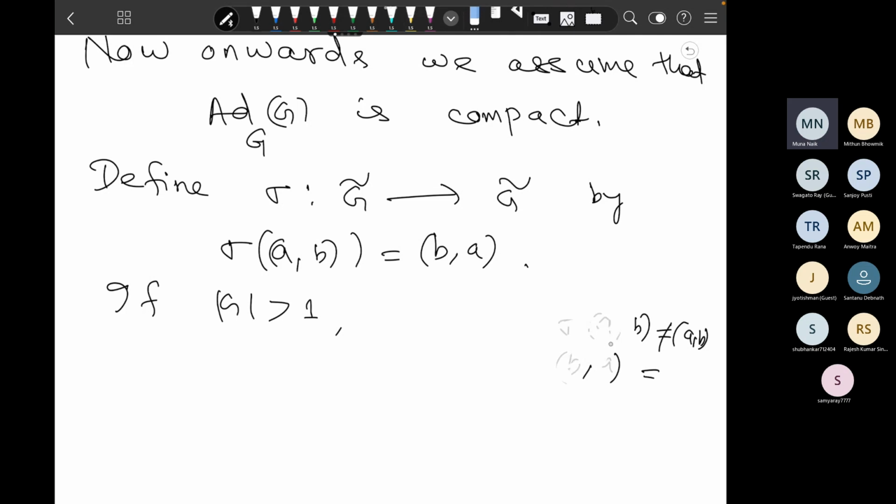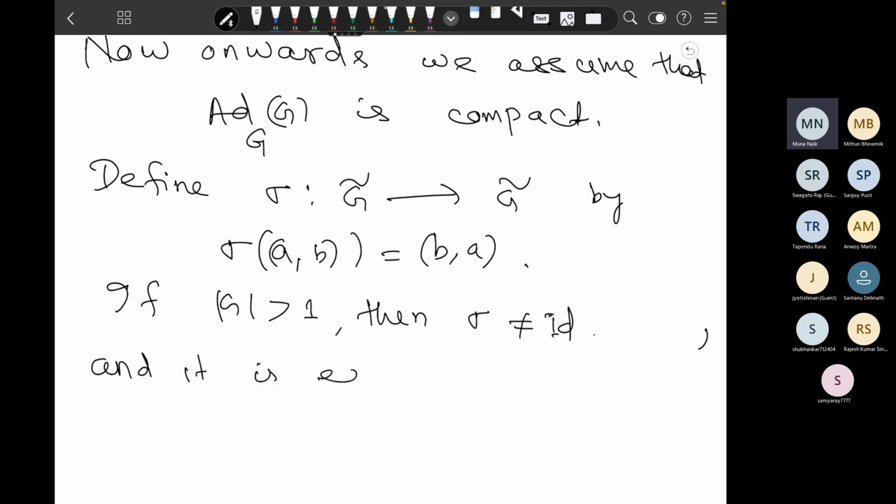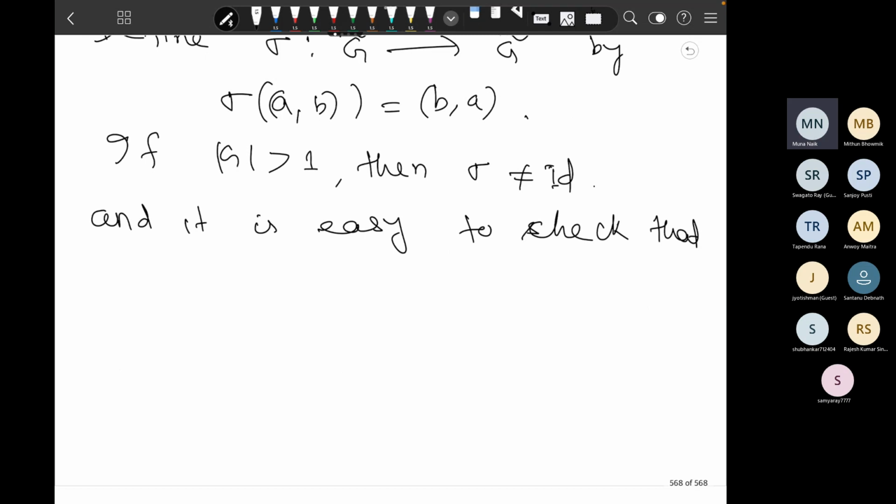Therefore, if the cardinality of G is greater than 1, then sigma is not equal to identity, and also it is easy to check that sigma is an involutive automorphism.